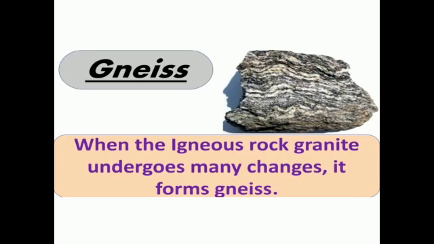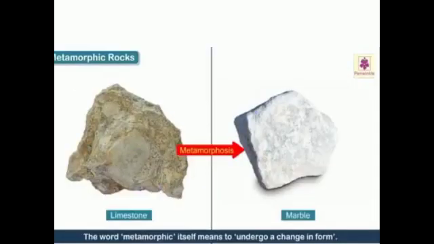Next one is marble. Marble is a widely used metamorphic rock. Limestone changes into marble. Do you know, students, limestone is a sedimentary rock. Marble is found in different colors, white being the most common.